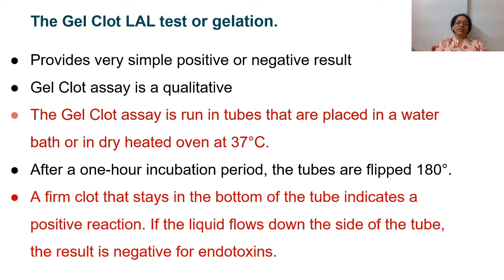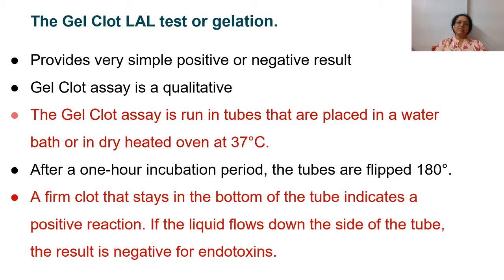And this gel clot is now considered qualitative and, up to a certain extent, semi-quantitative, but not like the chromogenic and turbidometric methods, it is not able to measure the exact quantity of endotoxins present in the sample. The gel clot assay is run in tubes that are placed in a water bath or in a dry heated oven at 37 degrees Celsius. The water bath is always the preferred one.